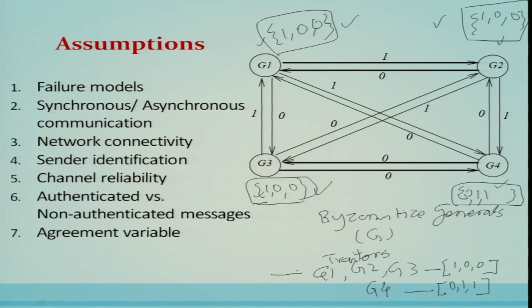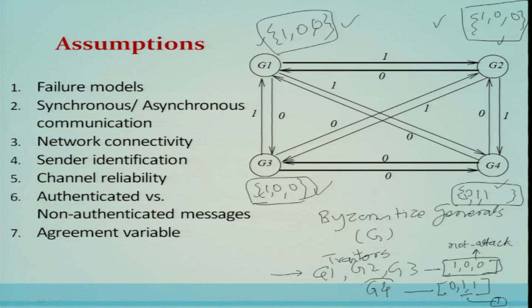If it is interpreted that G1, G2, G3 have the same value, and the majority of it is zeros, that is not to attack. As far as G4 is concerned, if we go by this, then it will have 1, and let us say it is having a decision to attack.